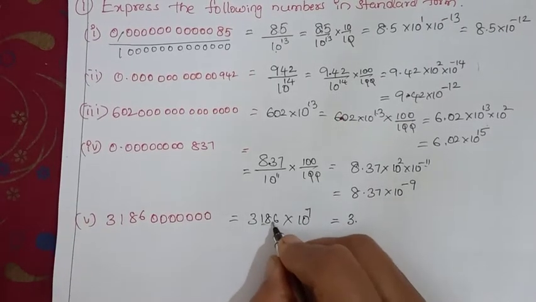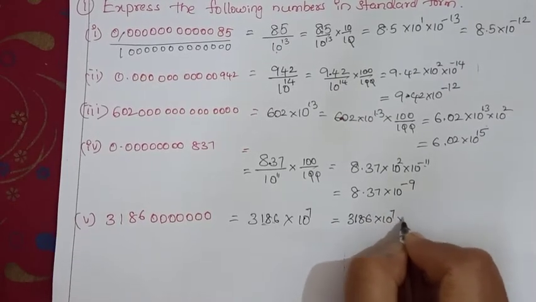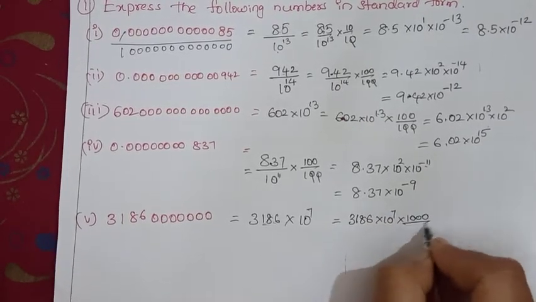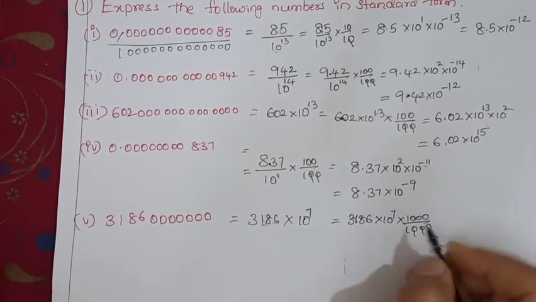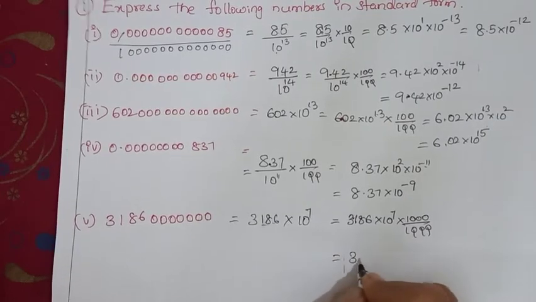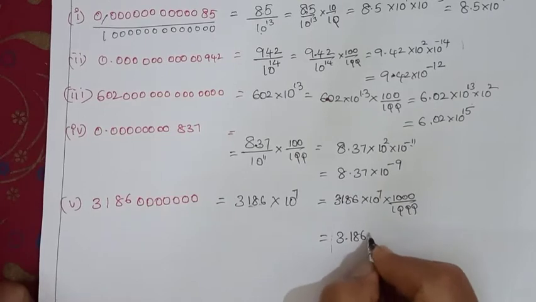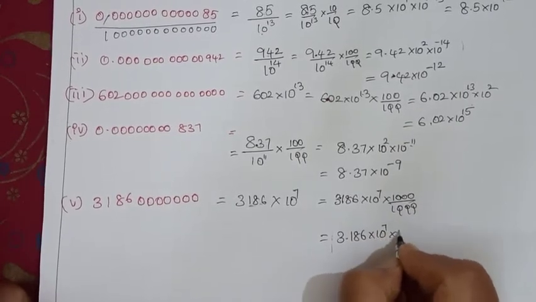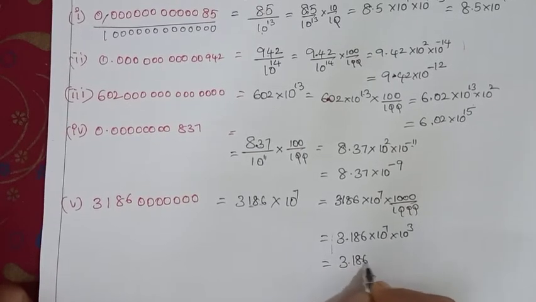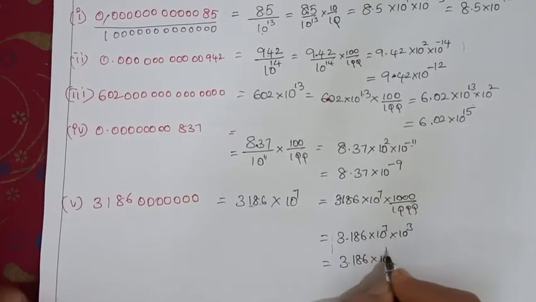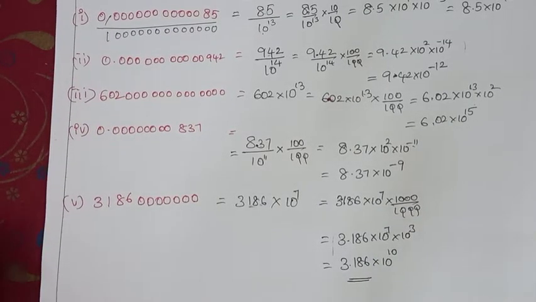So how many digits are there? 3 digits are there. So multiply and divide by 1000. So now the answer will be 3.186 into 10 to the power of 7 into 10 to the power of 3. The answer is 3.186 into 10 to the power of 7 plus 3, 10. Okay, children, this is the first bit.